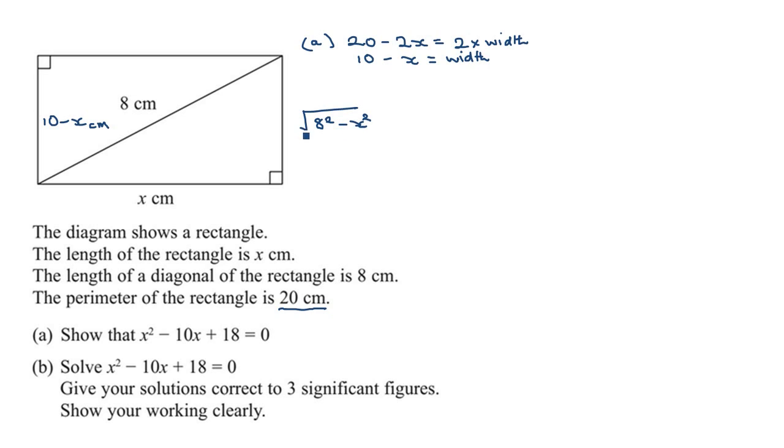Okay, well, if we start with this one, let's just think about how we would use this now. We want to use this information that the perimeter of the rectangle is 20 centimeters. So that must mean that x plus this side, root of 8 squared minus x squared, plus another x, plus another root of 8 squared minus x squared, will give us the perimeter.